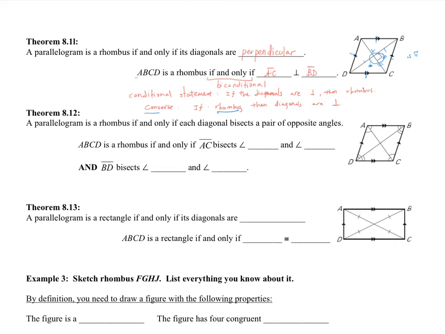And for theorem 8.12, it states that a parallelogram is a rhombus if and only if each diagonal bisects a pair of opposite angles.